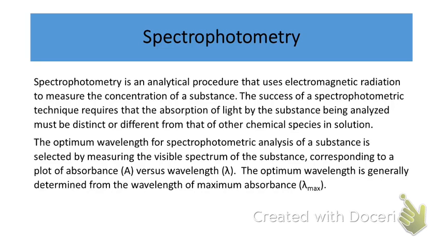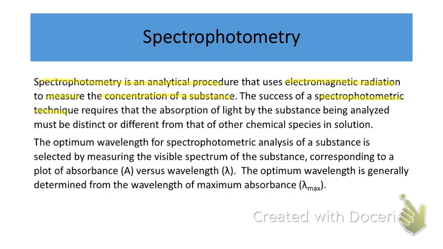Now we've looked at spectrophotometers. Now let's look at the actual spectrophotometry technique. Spectrophotometry is an analytical procedure that uses electromagnetic radiation to measure the concentration of substances. The success of a spectrophotometric technique requires that the absorption of light by the substance being analyzed must be distinct from other chemicals in the solution.